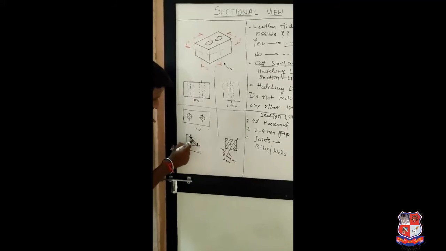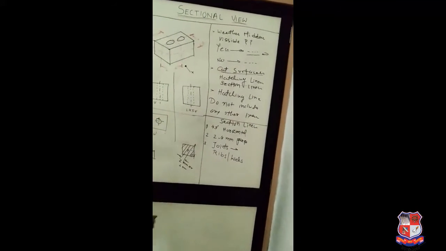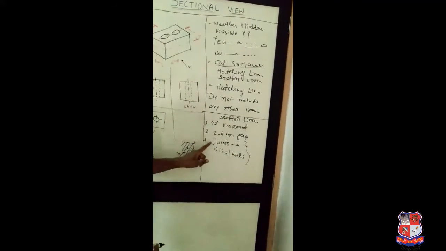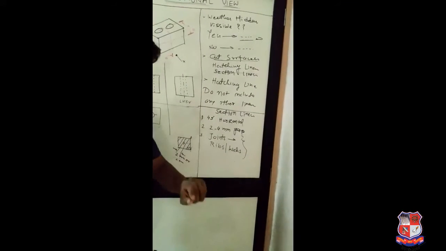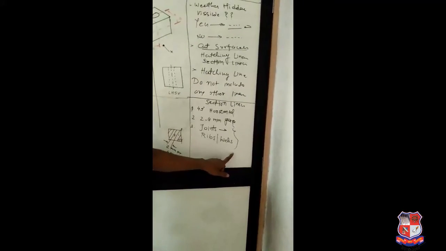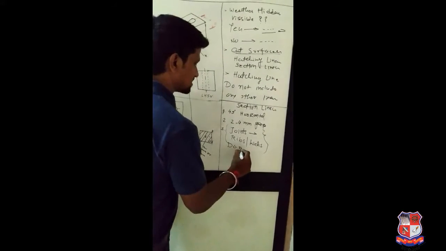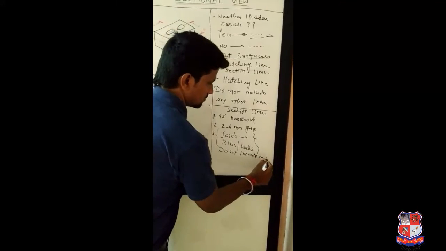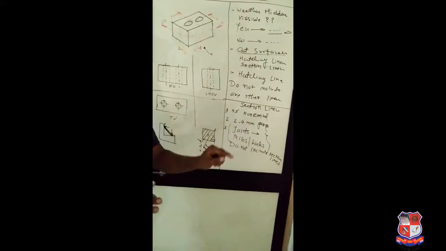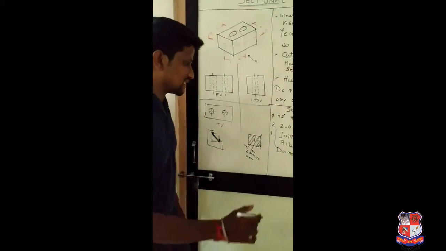So this thing we have included over here is known as a rib or web, right? So in these cases where there is a joint, joints may be welded joints, riveted joints or any other joints, or there is a rib or web, although they are going to cut, do not include the section lines in this. You cannot draw the section lines in this portion, although they are going to cut, right? So do not include the section lines in this case.